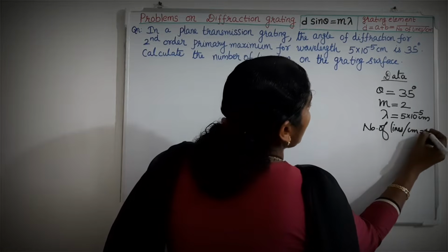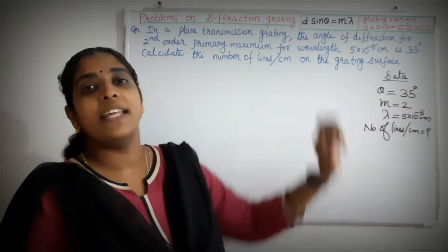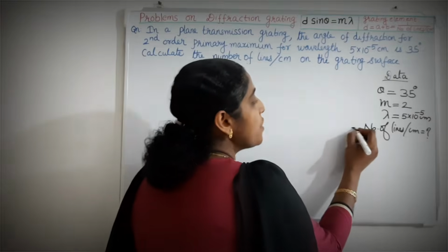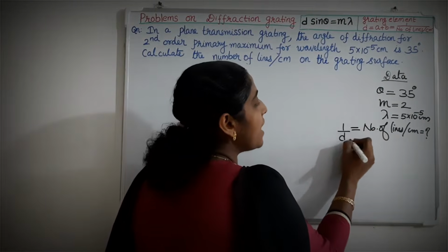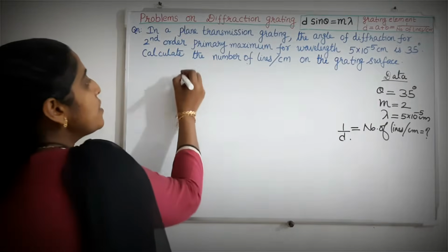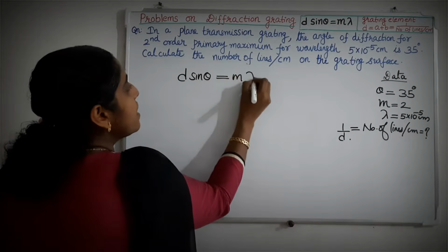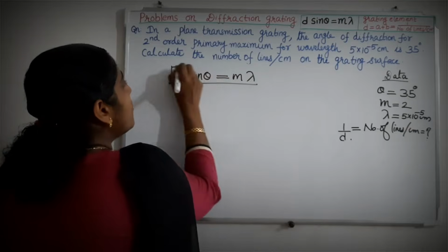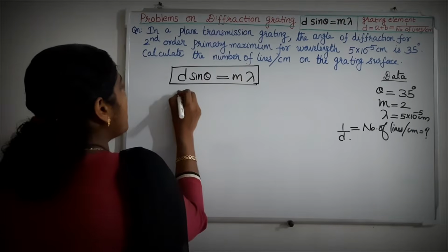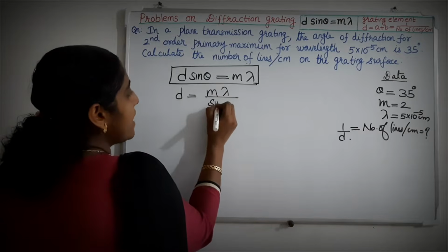How is the number of lines per centimeter related to the grating element? They are reciprocal to each other. So if we find the grating element and take the reciprocal, we will get the number of lines per centimeter. The grating equation is d sin theta equals m lambda, so d equals m lambda divided by sin theta.